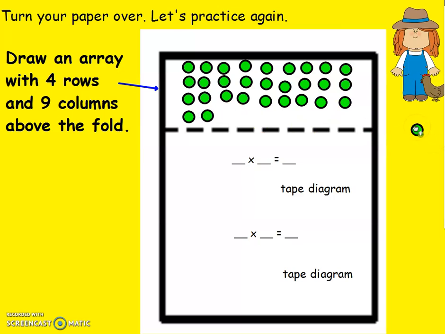Third row: 1, 2, 3, 4, 5, 6, 7, 8, 9. Fourth row: 1, 2, 3, 4, 5, 6, 7, 8, 9.